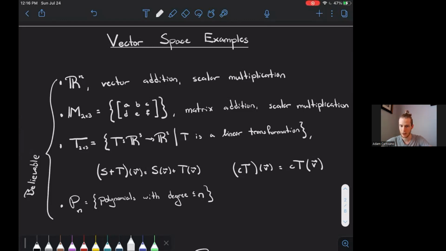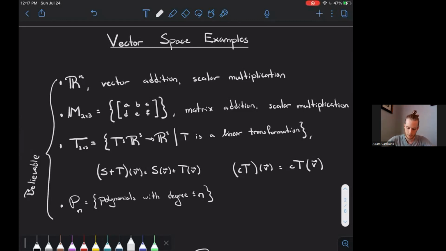However, we have to specify, what do we mean by the sum of 2 linear transformations? Well, what is a linear transformation? It's a way of sending one vector to another vector, one vector in R3 to a vector in R2. And if I want to add 2 of those transformations together, what I do is I just take the rule of assignment from one and take its output and add that to the output of the other rule of assignment, right?